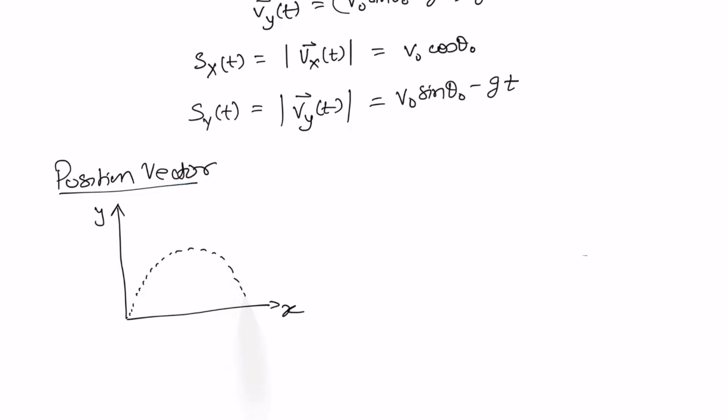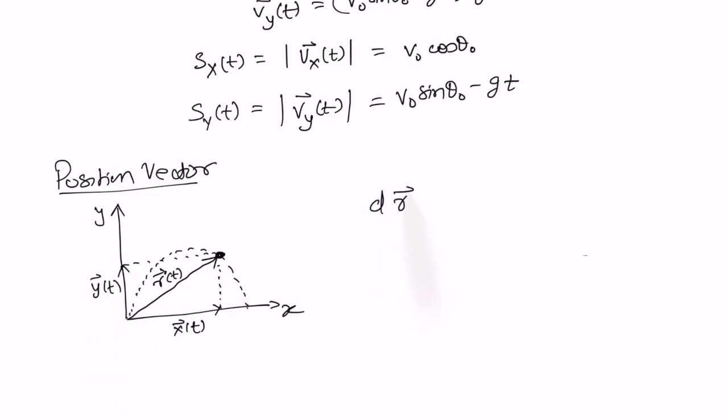The projectile takes this path. At any time, if this is the position of the particle or the object, then this vector here is the position vector of the object at time t. This will be the x component of the position vector at time t. This will be the y component of the position vector at time t.